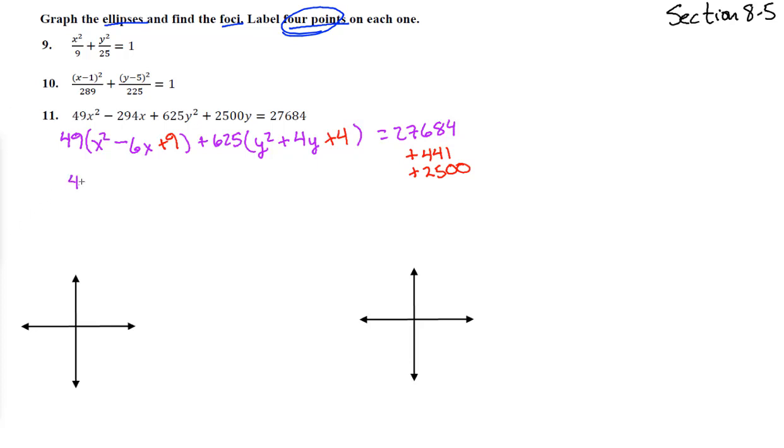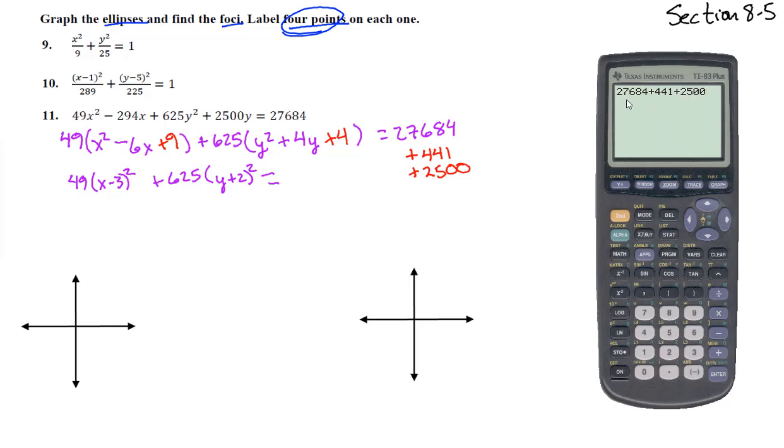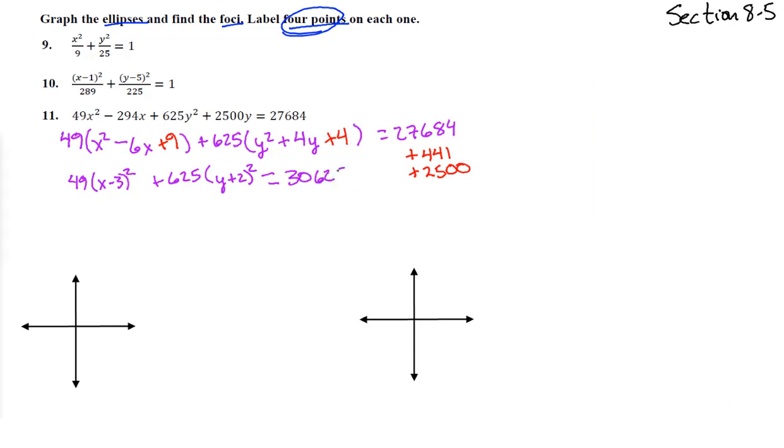We now have 49 times x minus 3 squared plus 625 times y plus 2 squared equals, and we need our handy dandy calculator. So there we have what's on the right hand side, 27,684 plus 441 plus 2,500. So we actually get 30,625. Good.